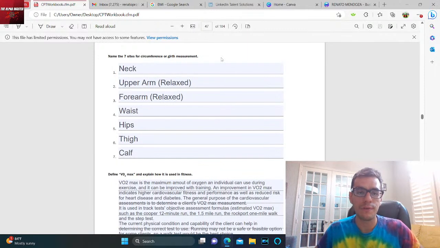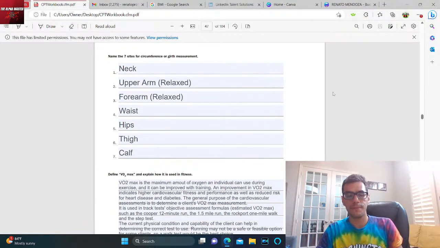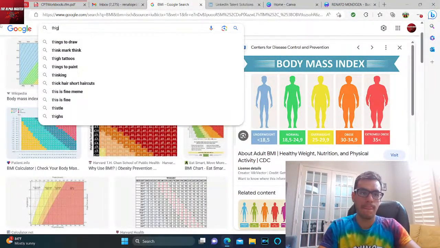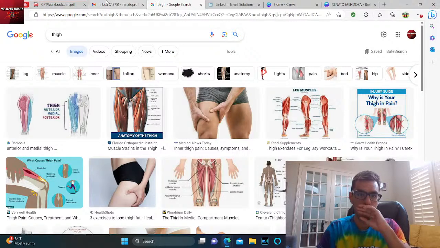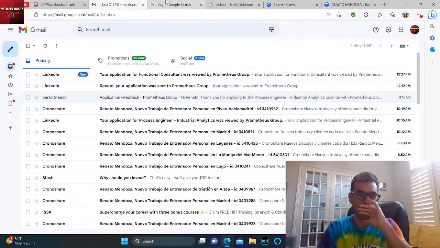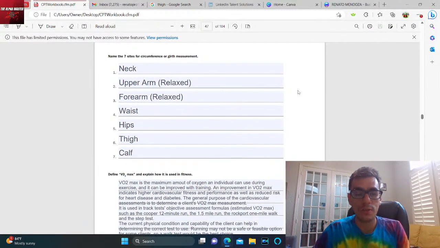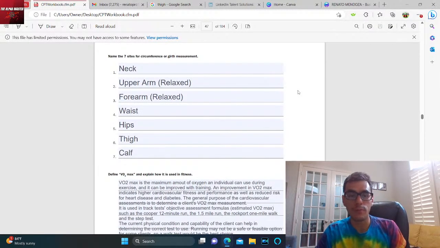The thigh is going to be right here. So, 7 sites for circumference or girth measurement: the neck, the upper arm relaxed, the forearm relaxed, the waist, the hips, the thigh, and the calf.